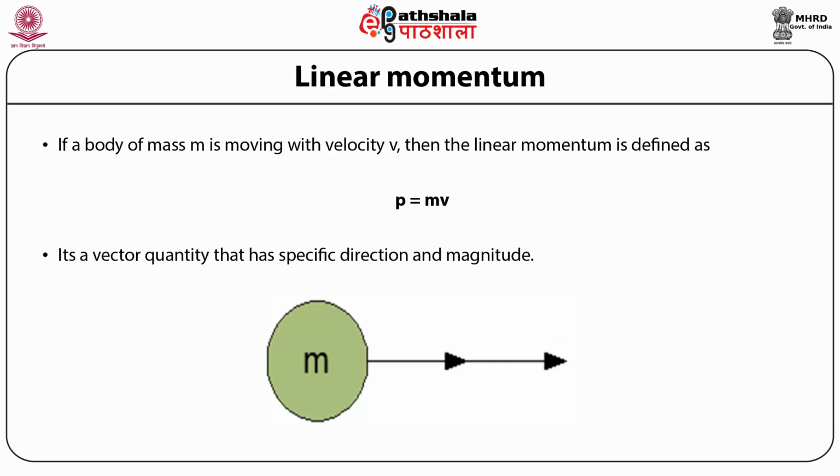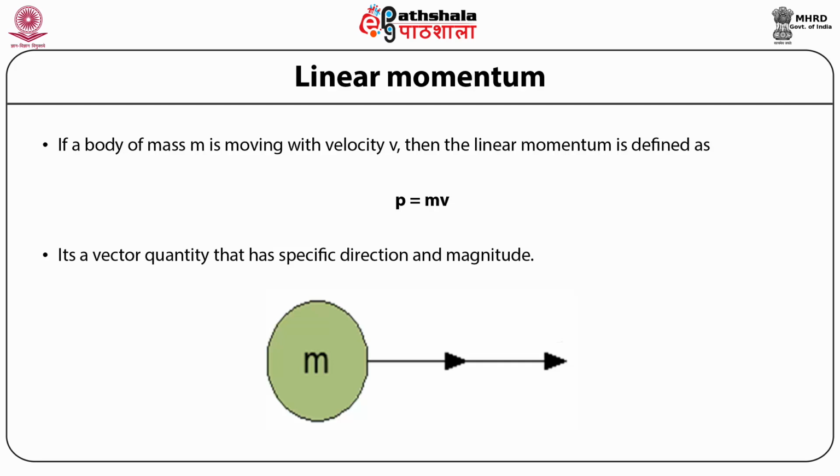This velocity vector has a certain magnitude, which is represented by the length of this arrow, and the linear momentum also is a vector quantity which has a magnitude and direction. Because in p equals m times v, v is a vector and m is a scalar quantity, the resultant, p, also is a vector and has the same direction as v.